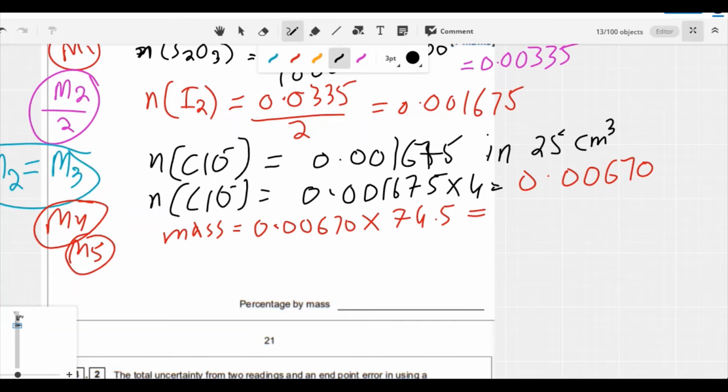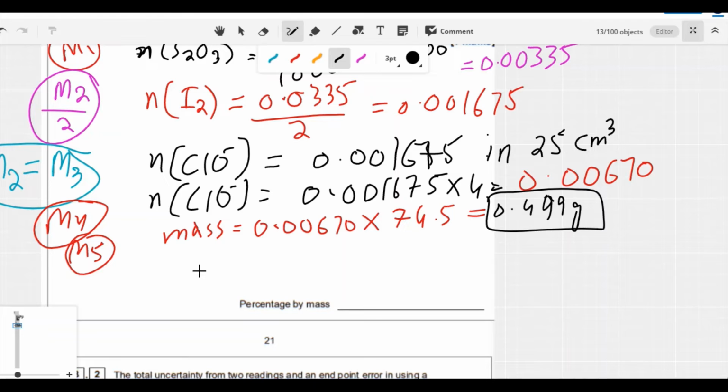So the answer will be 0.499 grams. Okay, so that is the mass of sodium chlorate that is used.